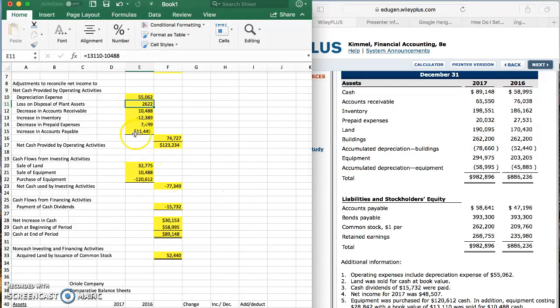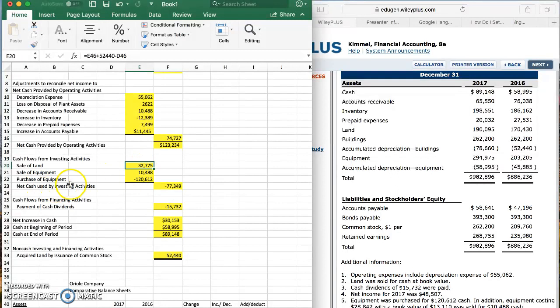So if you do that, you get a total of $32,775. And because we're selling our land and equipment, these are positive values.